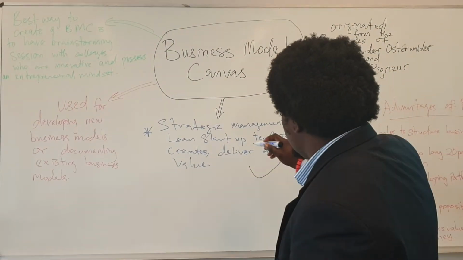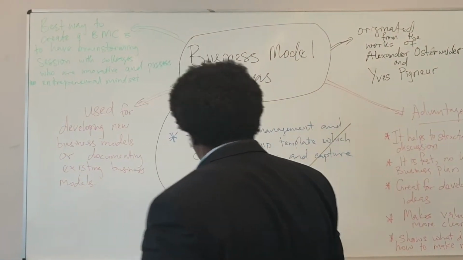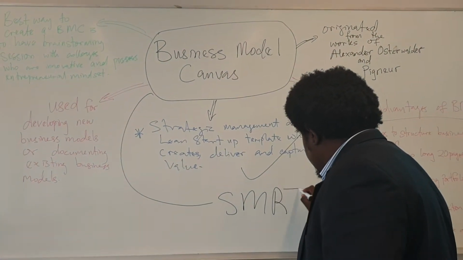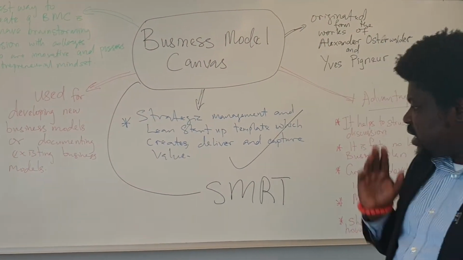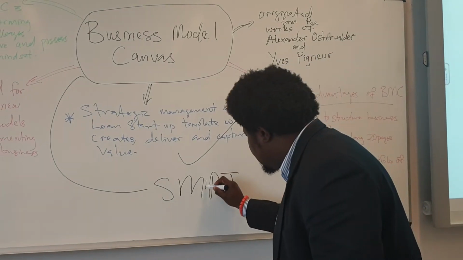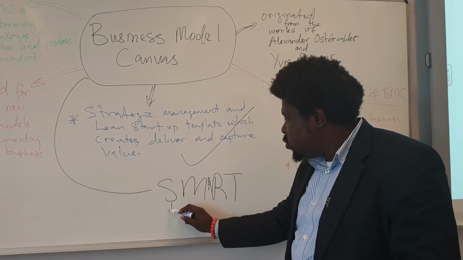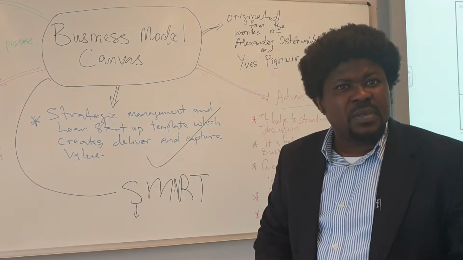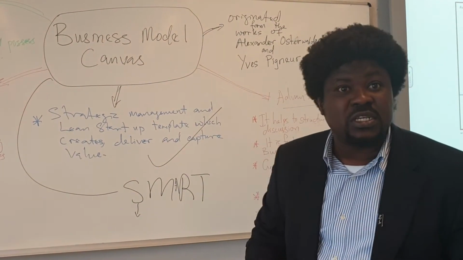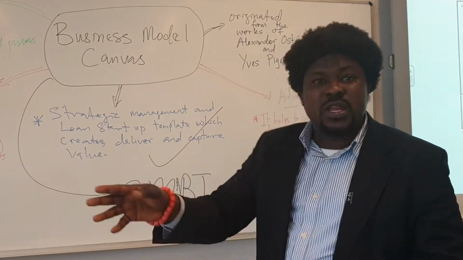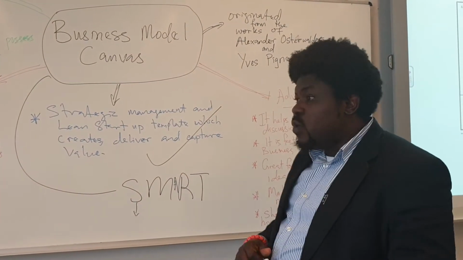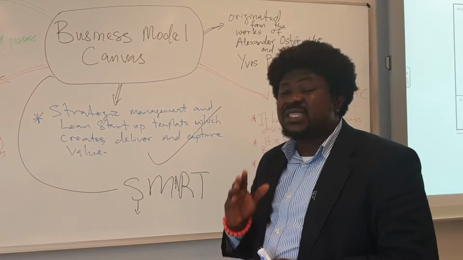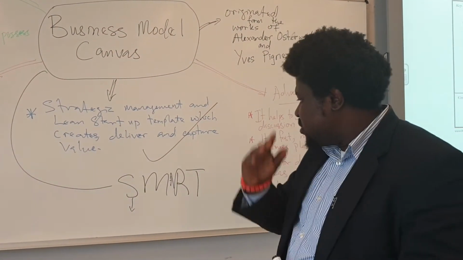So it's a smart document. The business model canvas is a smart business document, because, smart with an A, it allows you to nail it: specific, direct to what the business offers in terms of value proposition, who the customers would be, who would be the other stakeholders apart from the customers, what the revenue streams are, and so on.